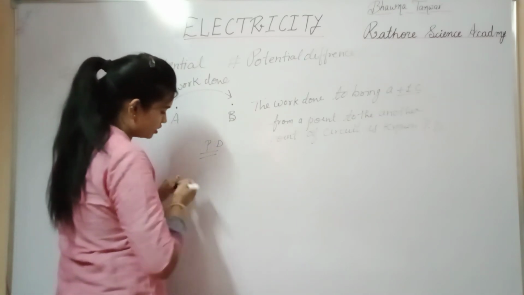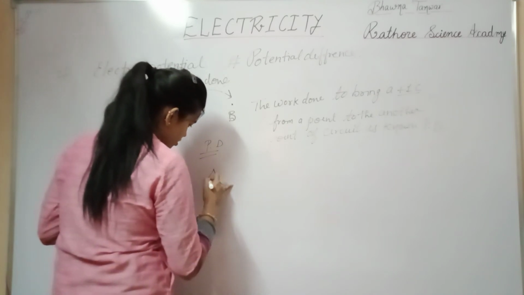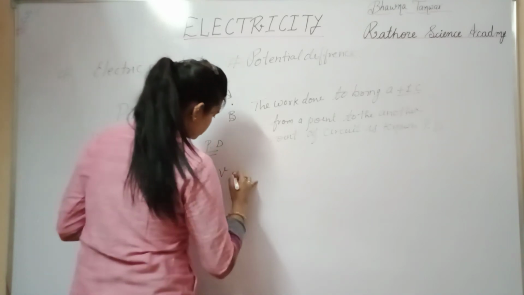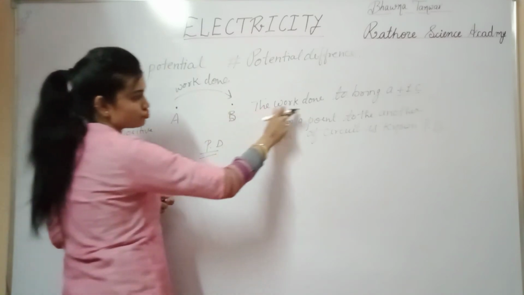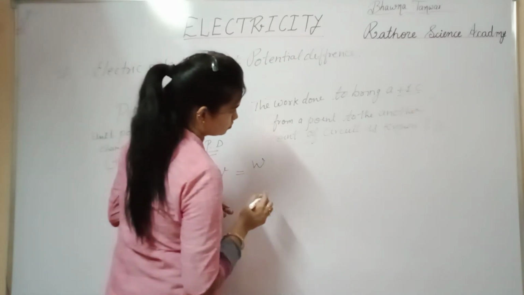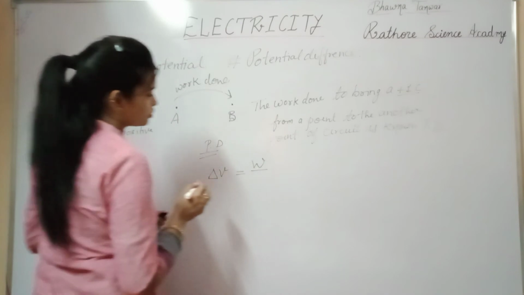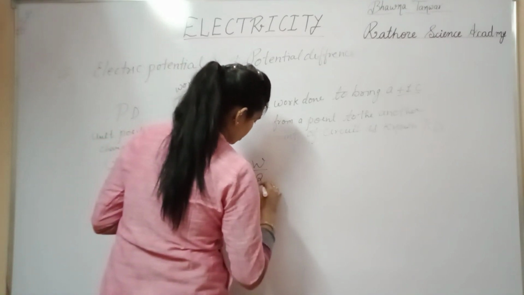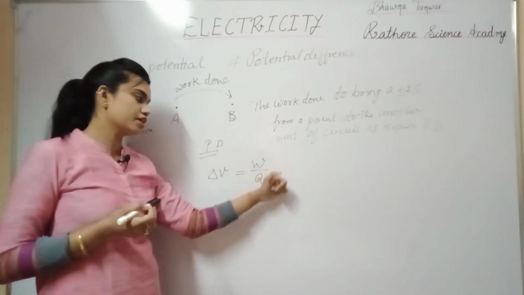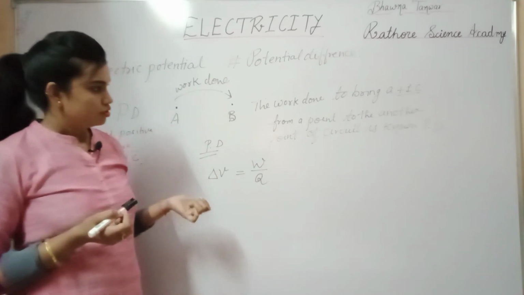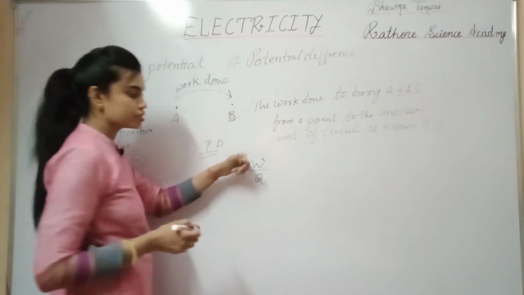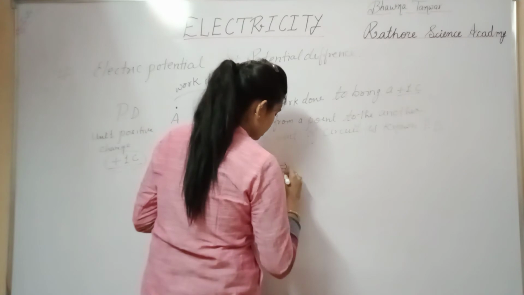The symbol of potential difference, because it is a difference, we use the symbol del V. The amount of work done, so it is W, to bring a unit positive charge, so W by Q. Delta V is equal to W by Q. W is work done, and the unit of work done is what?